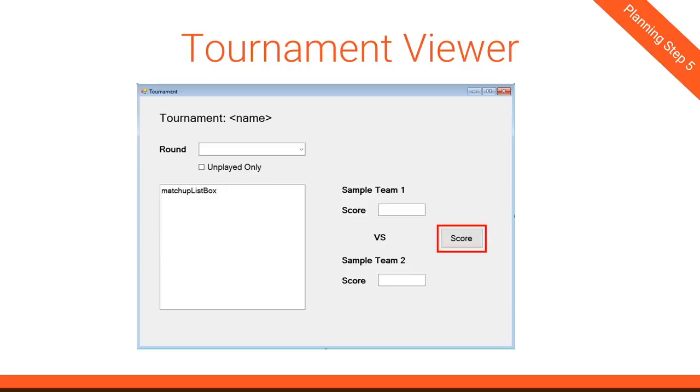Based upon this, it will finalize and say the matchup is over and this is who won. Now that's where it gets really interesting, because we're going to have to figure out some way of triggering other things based upon a matchup being scored. For example, if this is the last unplayed game in the round, hitting the score button here should trigger the next round.